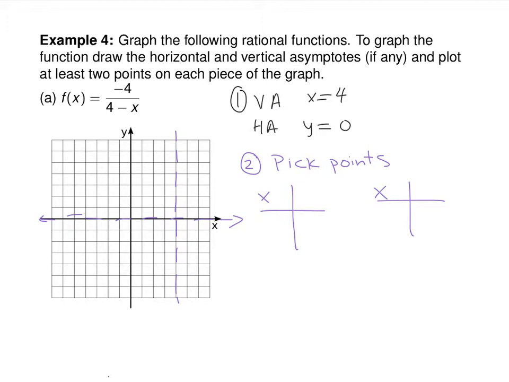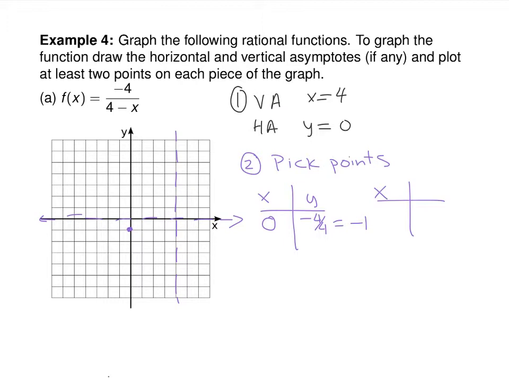So if I plug in 0, the y is negative 4 over 4, or negative 1. Does that make sense? And so that point plots from the origin. You go over nothing, and you go down 1. I would suggest trying to pick numbers that work out nicely.